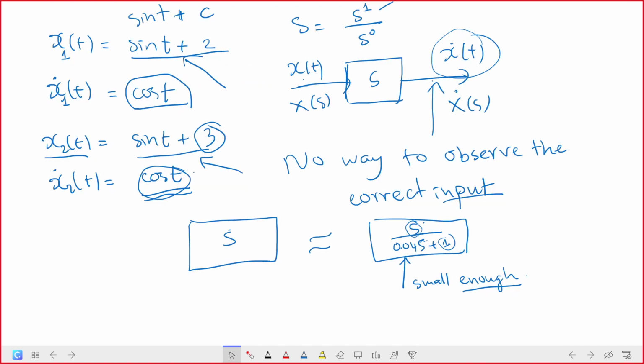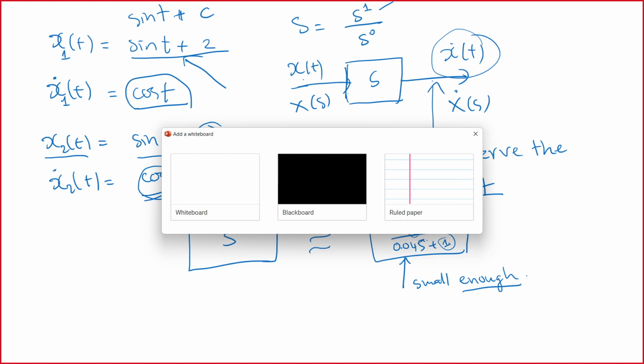And let me give another example to find a transfer function. Let me recall the transfer function before. So where do we get that transfer function?